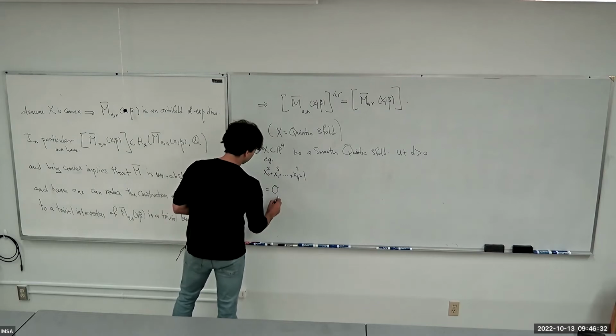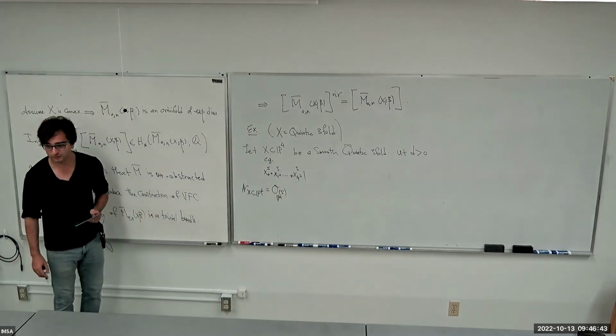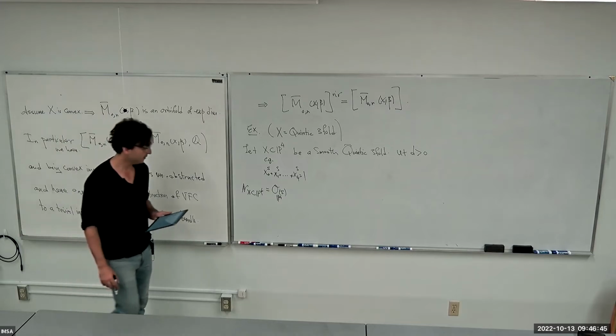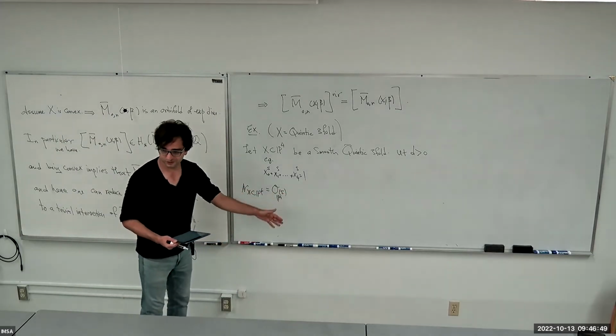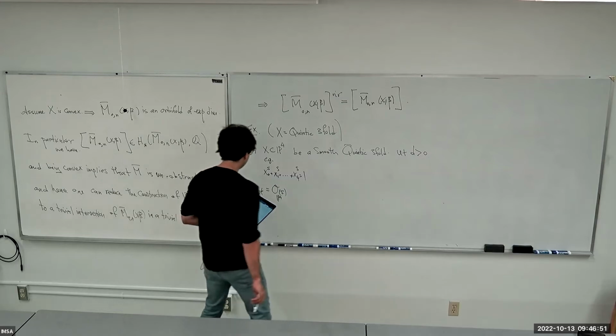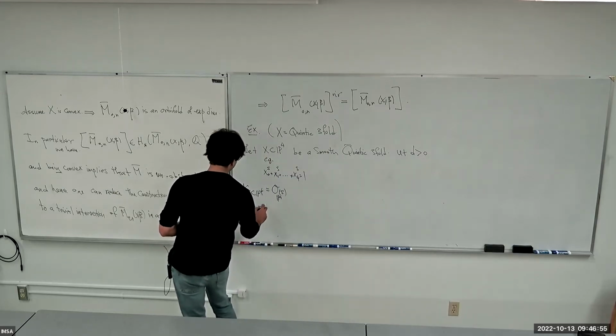So it would be O of P4 twisted by 5, restricted to X. It would be O(5) restricted to X. That's the normal bundle. But then the canonical bundle of P4 is O(-5).